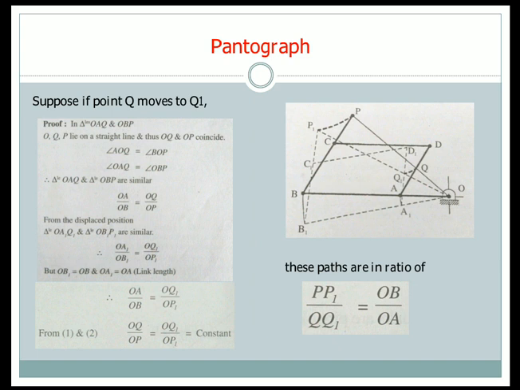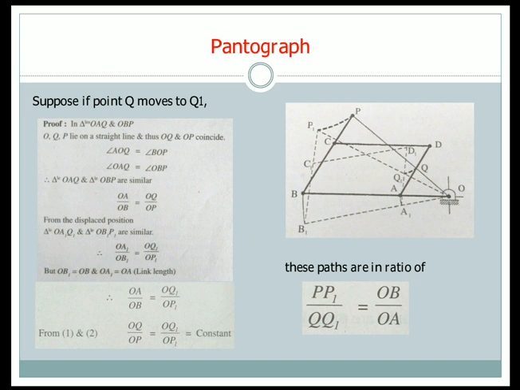So from 1 and 2, OA by OB is equal to OQ1 by OP1. Also OQ by OP is equal to OQ1 by OP1. So this is equal to a constant. The ratio will be constant because wherever the links move, the ratios remain the same.